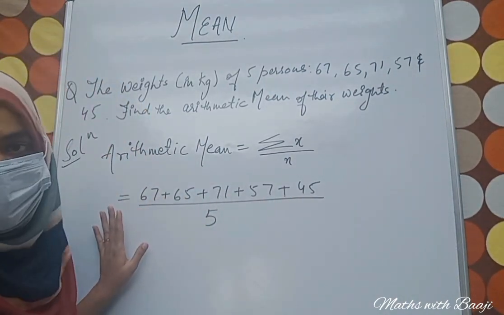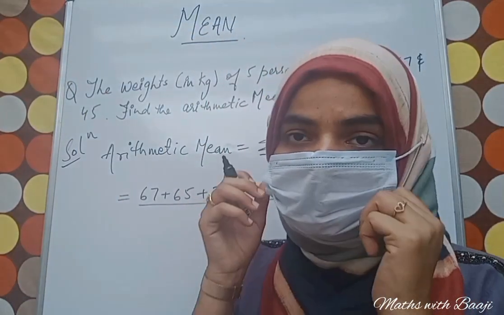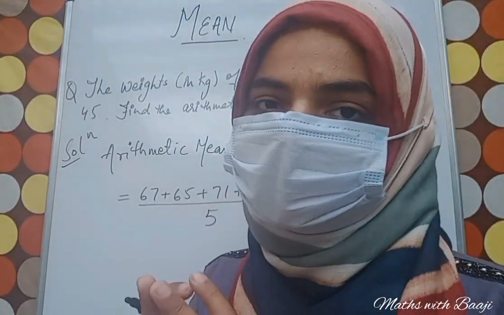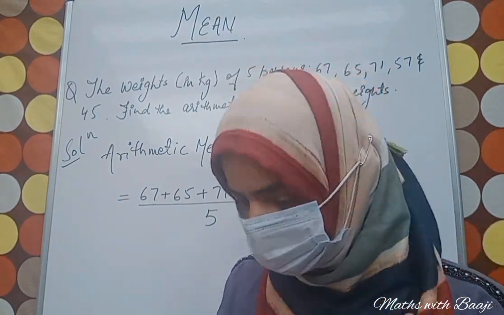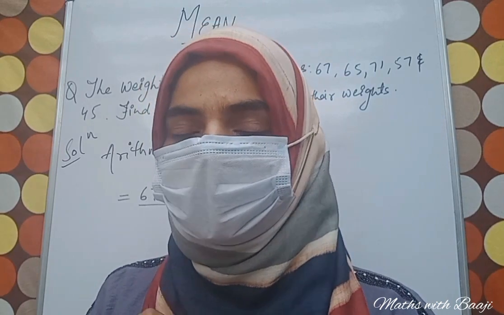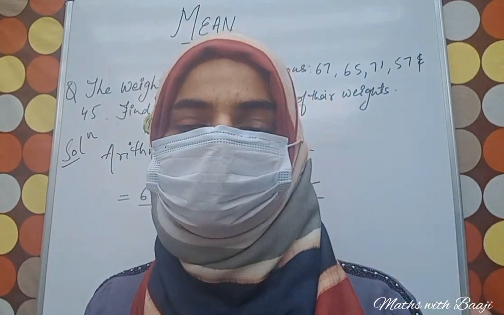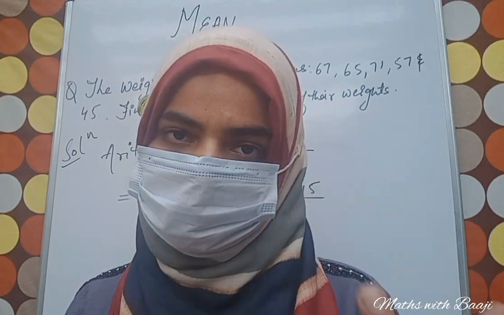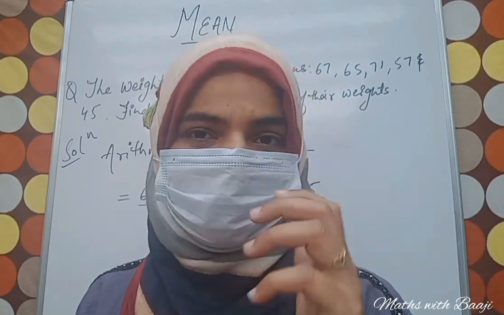So now our rough work area starts. See, most of the students prefer using calculators, and calculators are there even in our mobile phones and androids. But I feel that you should try to do rough work on your own rather than depending on a calculator. Why? There is a reason.